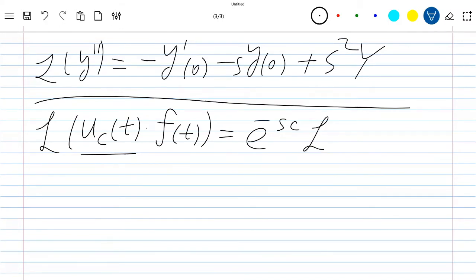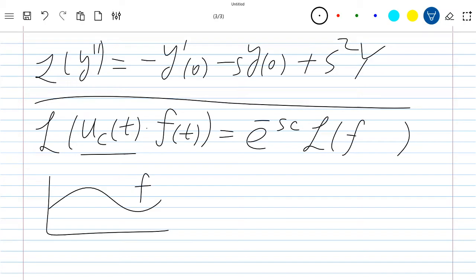And then, if you just do the Laplace transform of that f, you have a problem, because this is f, and this is c. So when you do u_c times f, this part is gone, right? You only have this part left. So your function will become like that, right?